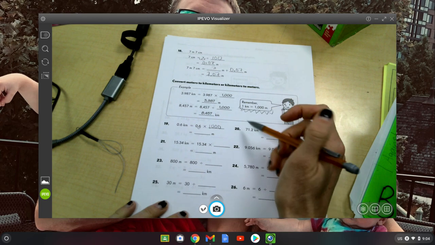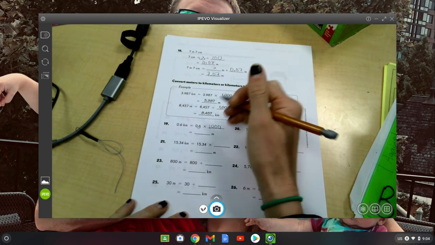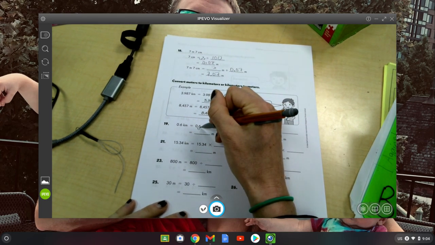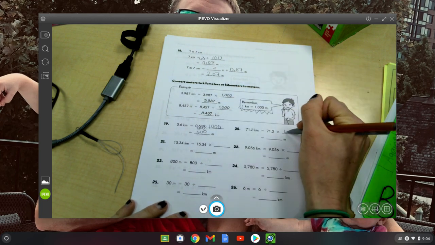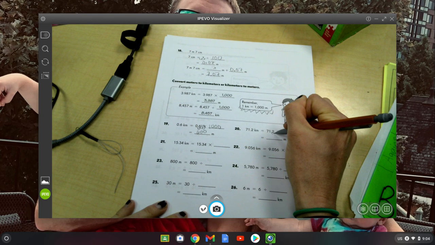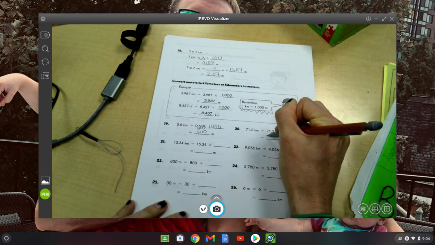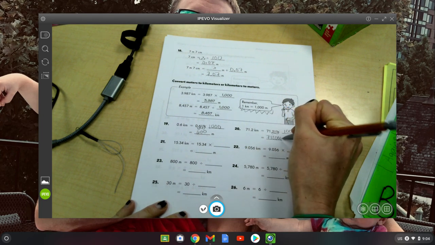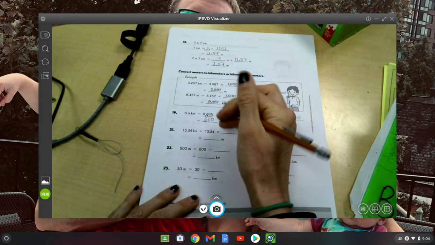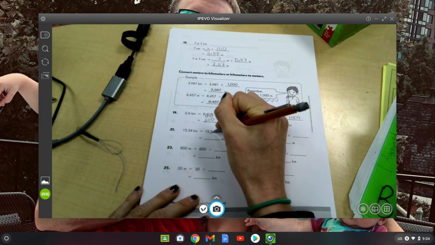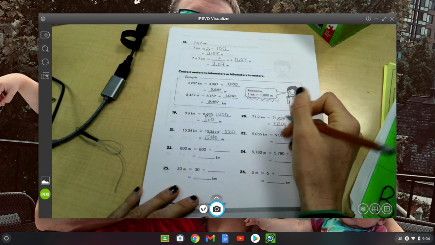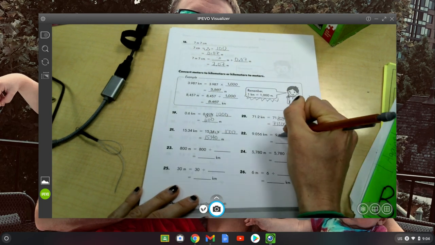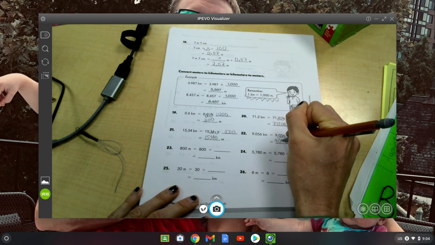So we're remembering that 1 kilometer equals 1,000 meters. We were moving this over 3, 1, 2, 3, filling in my zeros, 600 meters. Timesing by 1,000, I'm going to move over 1, 2, 3, fill in my zeros. Timesing by 1,000, moving over 1, 2, 3.